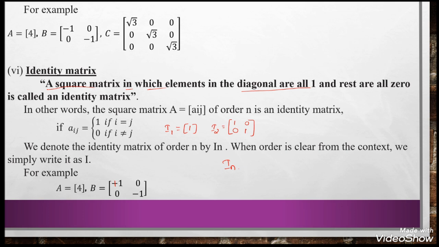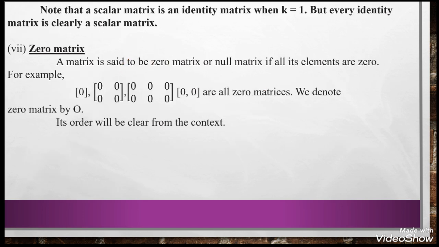This is plus 1 because the diagonal element should be equal to unity. Or else we can use another name, unit matrix, identity matrix, or else the unit matrix.